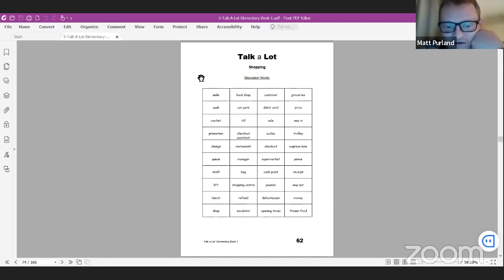And there's loads of activities you can do. These are mentioned in the Talk a Lot book, what you should do with them. The idea is to learn vocabulary. One of the ideas is every student takes a few cards and they have to pick a card from their hand and describe the thing, and the others have to guess it.